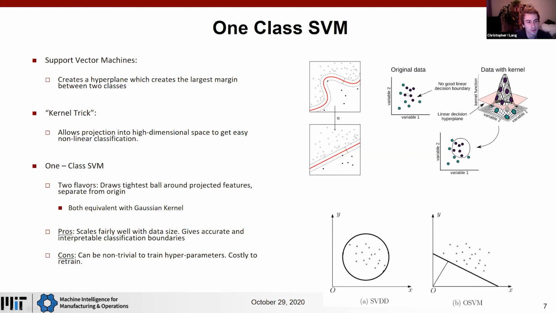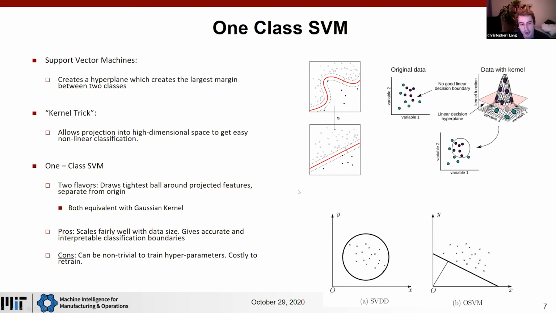To give another visualization, if this is your original data and you have two variables, sensor one and sensor two, there's no good linear boundary between these two sets of points. But when you apply a kernel function, in this higher dimensional space you can more easily separate the two of them, creating a nonlinear classification boundary between them. This is for the multi-class case when you have both good and bad examples.